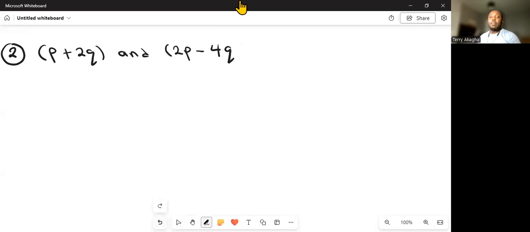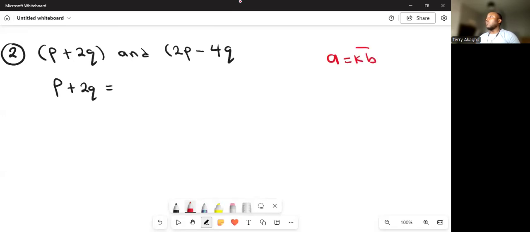So to check if they are parallel, remember I said for two things to be parallel, A must be equal to what? KB, all right? So the first vector must be equal to a scalar quantity of the second vector. So this must be equal to a scalar quantity K times 2P minus 4Q.